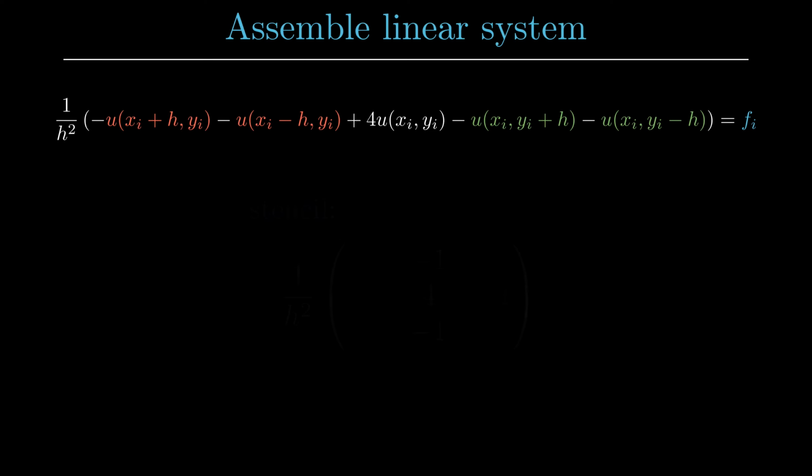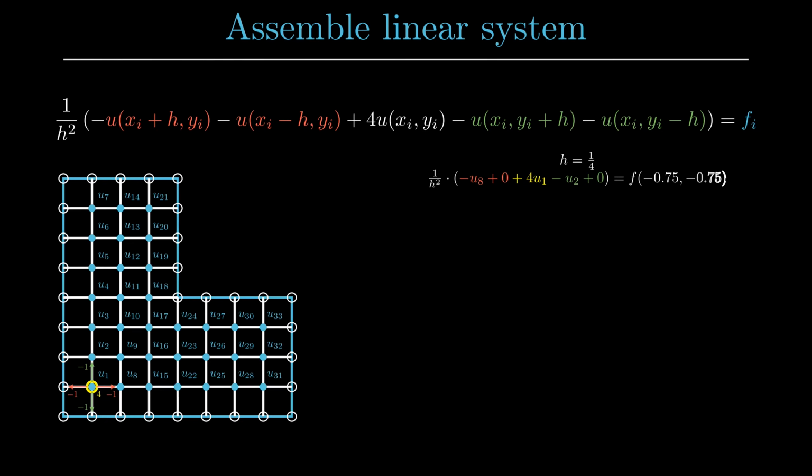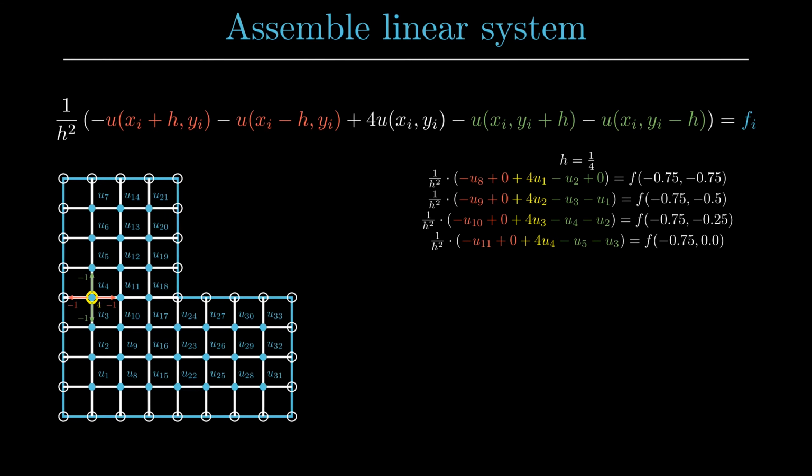Going back to the decomposed domain, we now go over all grid points and show the equations that we get from applying the stencil. When applying the stencil, we also account for the fact that the function u equals 0 at the boundary.